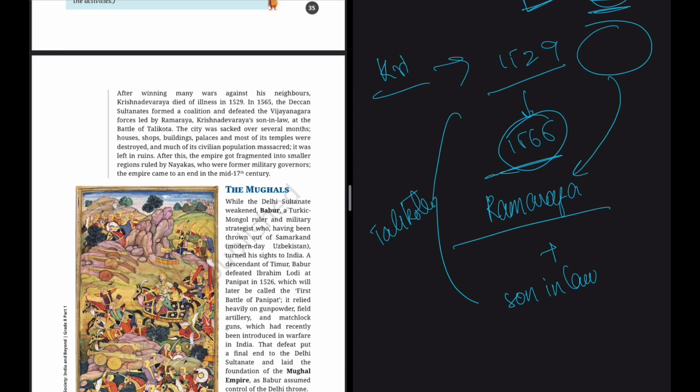After this, the city was sacked over several months. Houses, shops, buildings, palaces, and most of its temples were destroyed, and much of its civilian population was massacred, that is killed, and it was left in ruins.